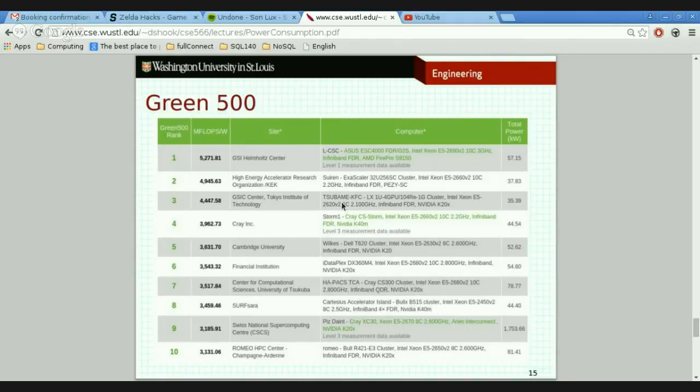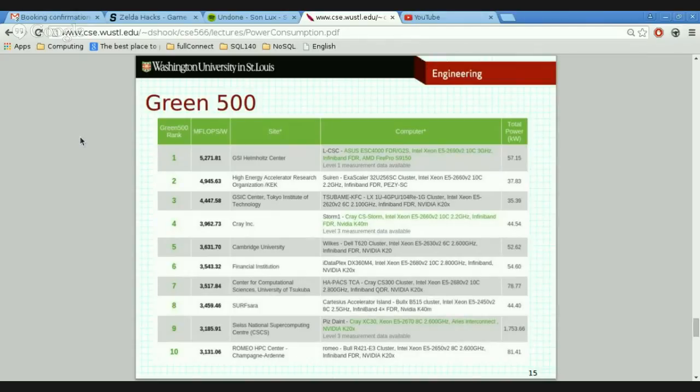So this is that liquid submerged computer that we talked about being highly, highly efficient. So it is the third most efficient supercomputer in the entire world. But in terms of the Top 500, this ranks 392nd on the Top 500 list. So even worse in terms of overall performance than the number one most efficient computer in the world.